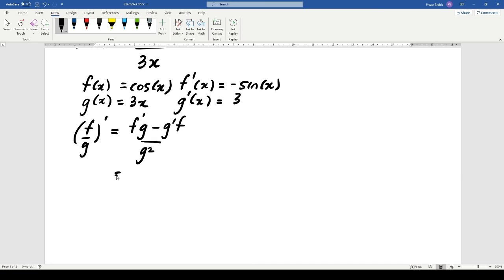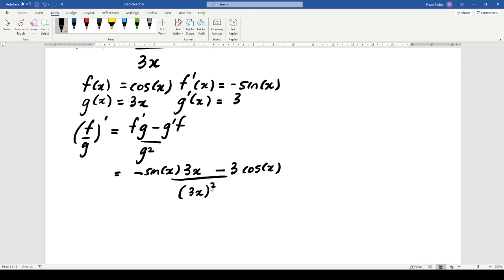So we can write it out as f dash, which was minus sine of x, times g, which was 3x, minus g dash, which was 3, times f of x, which was cosine of x, all divided by g squared, so 3x squared.